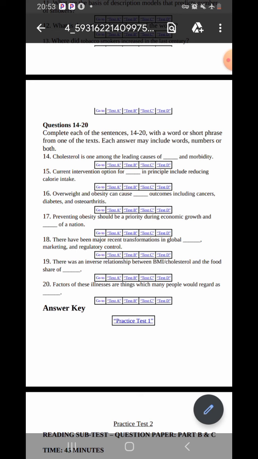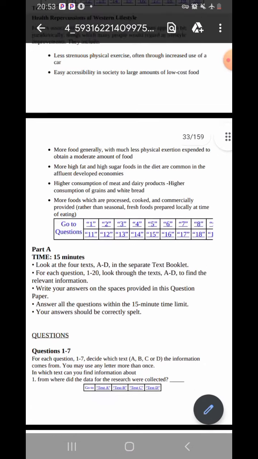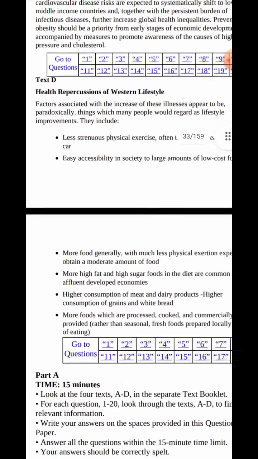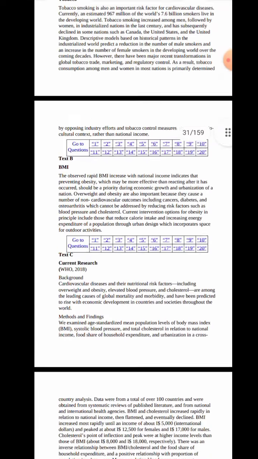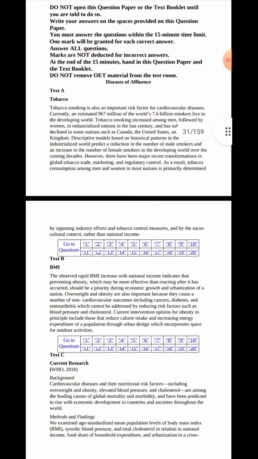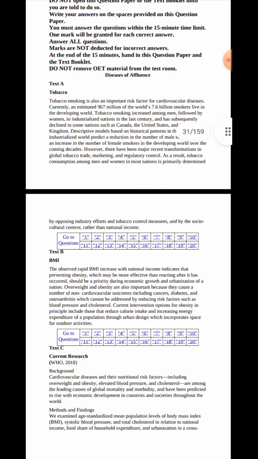After locating the two keywords, look for the text where they are likely to be used. Cholesterol and morbidity. So come follow me, let's go back up. Text A is talking about tobacco and cholesterol.